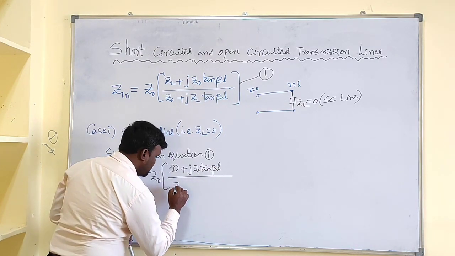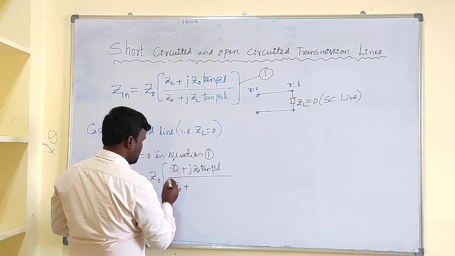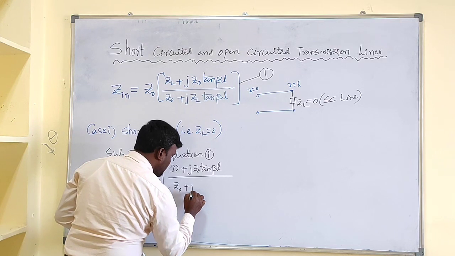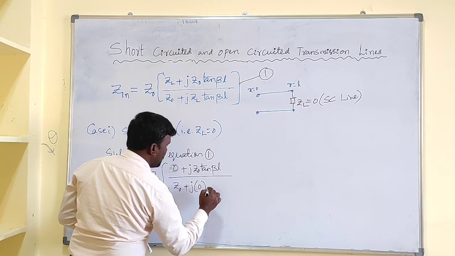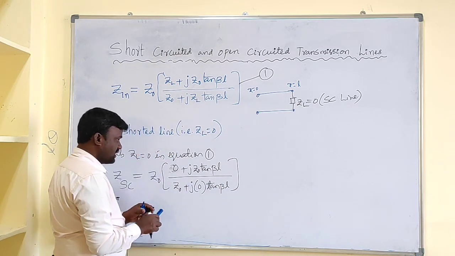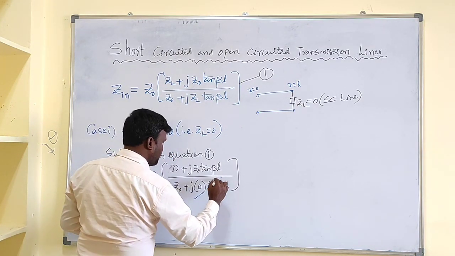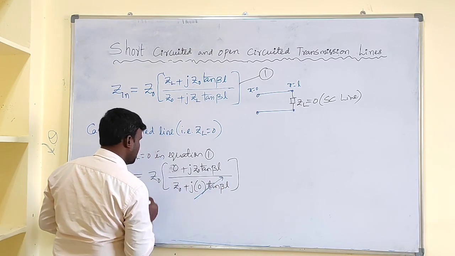Now here Z0 and jZL means j into 0 tan beta L, which becomes 0.